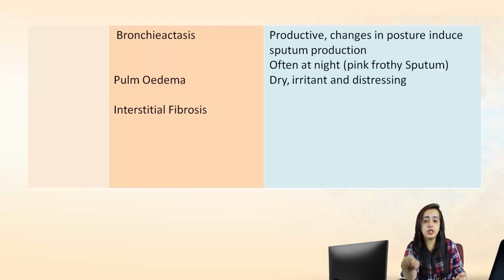Now, pink frothy sputum could be because of a lot of conditions, but is most common in pulmonary edema. So, if a patient is telling you that he has nocturnal cough and has sputum that is pink and frothy, you must think of a cardiovascular cause, particularly pulmonary edema.